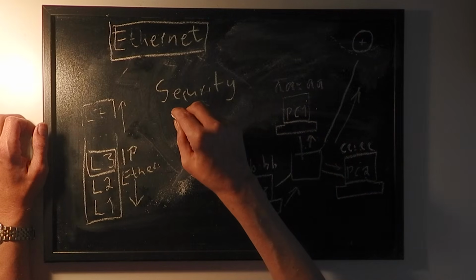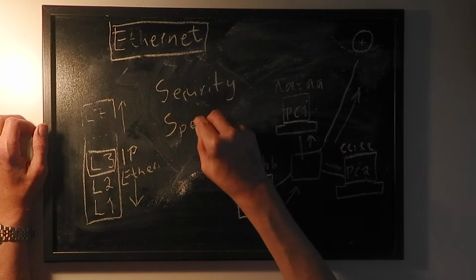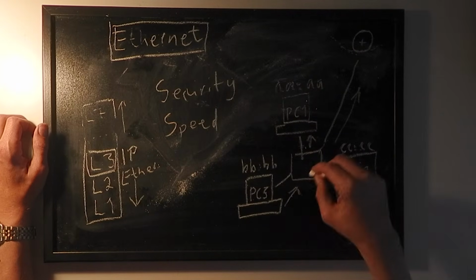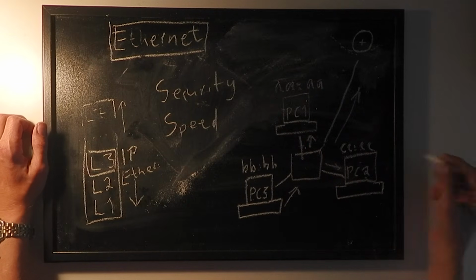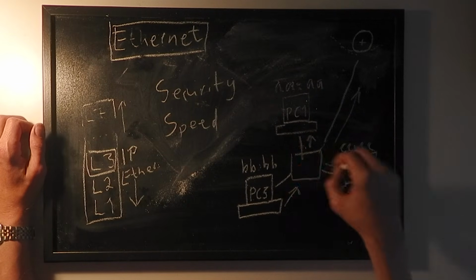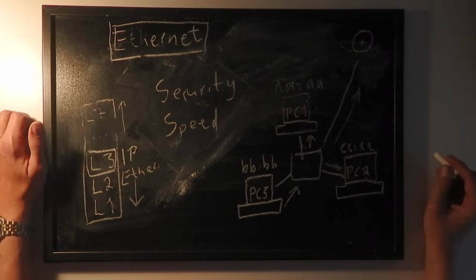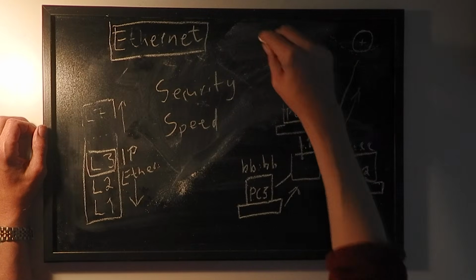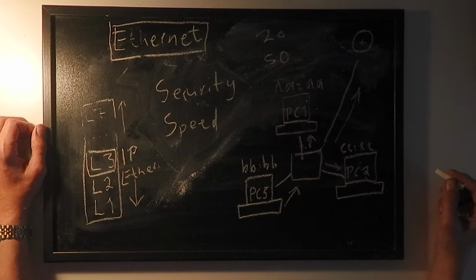And the other thing is, let's call it speed. If you need to send each network packet to every node on the network, maybe in a network like this, where we only have like 4 different nodes, including the router, it's still viable. But what if you had like 20 or 50 devices on this network?